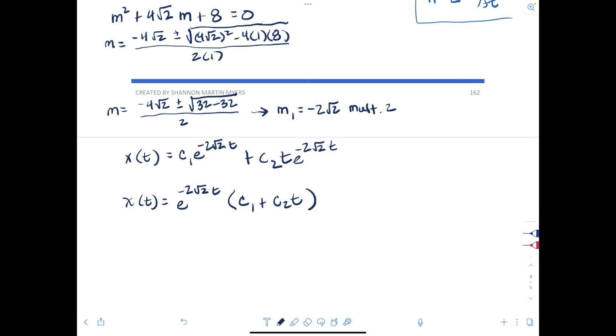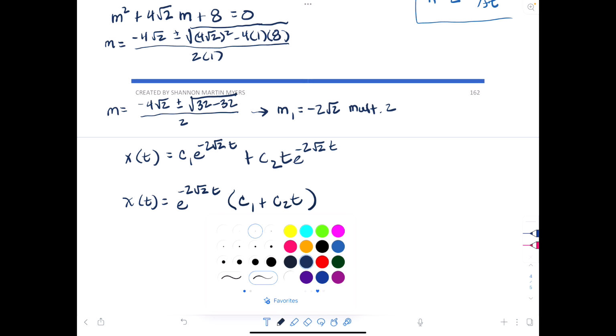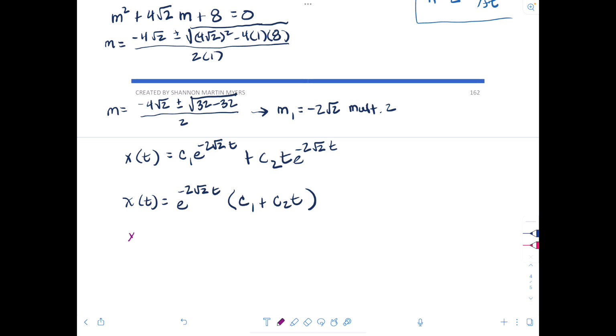Now, let's think about what we know, right? So at time 0, what is the displacement? It's at equilibrium, right? So at time 0, it's 0.